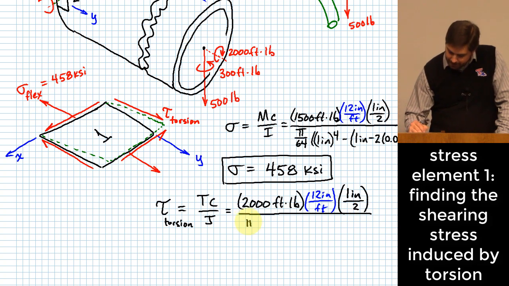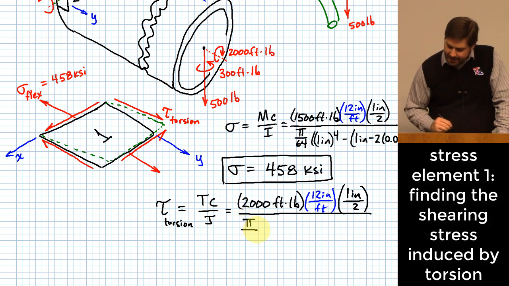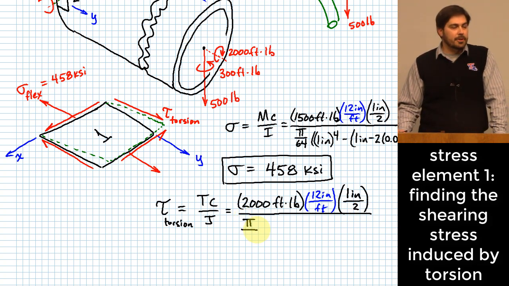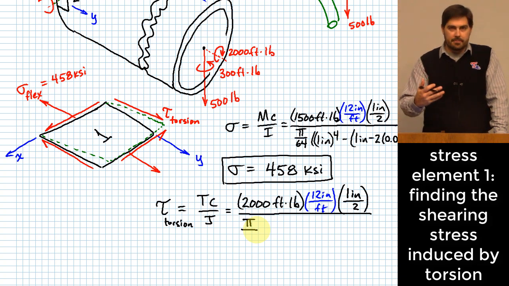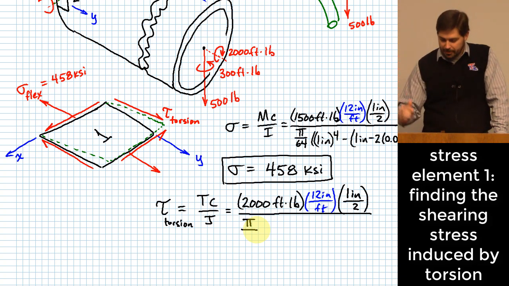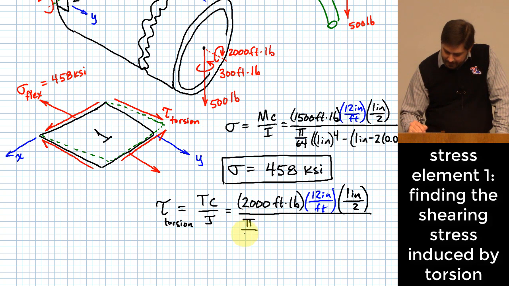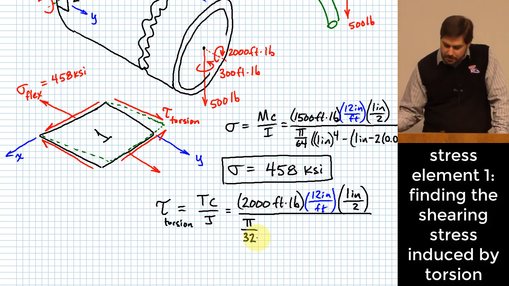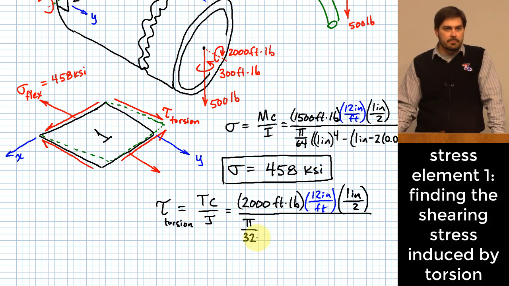Okay, similar format to what we had for I. Only difference is the formula for J, which is the polar second moment of area as opposed to just the second moment of area. It has a factor of 32 in the denominator instead of 64. Other than that, it's exactly the same.